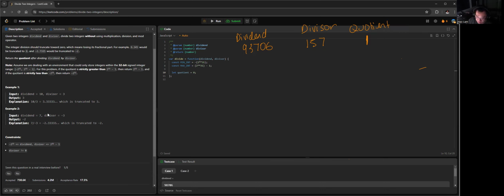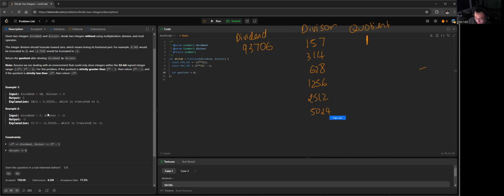All right, so we can keep multiplying. 157 multiplied by 2 is 314. Multiplied by 2 again, we have 628. By 2 again, we have 1256, then 2512, then 5024.